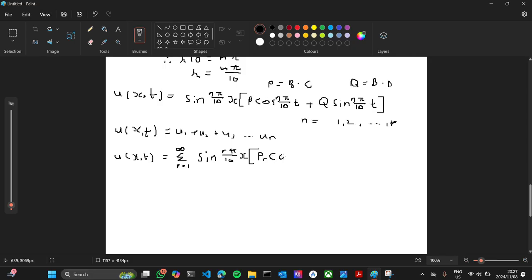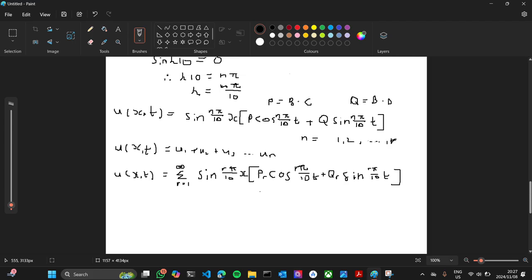Then cosine r pi over 10 t plus qr sine of r pi over 10 t. Alrighty.